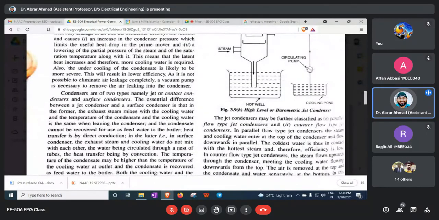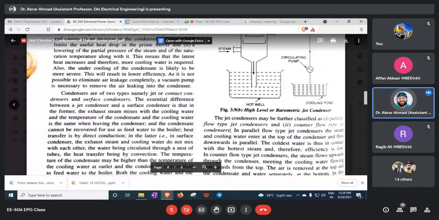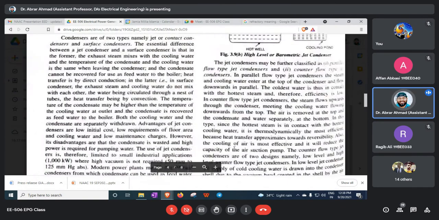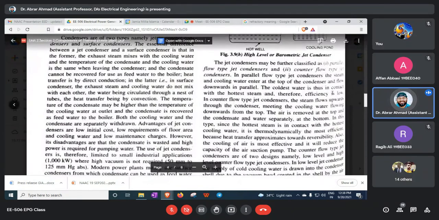The jet condenser may be further classified into parallel flow type and counter flow type, depending on the direction of flow. In the parallel flow type jet condenser, steam and cooling water enter at the top of the condenser and flow downward in parallel. OK, in one it is opposite and in one it is the same. The coldest water is thus in contact with the hottest steam, and therefore efficiency is low.